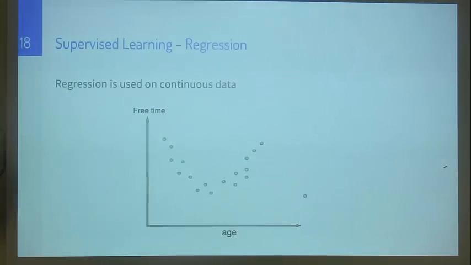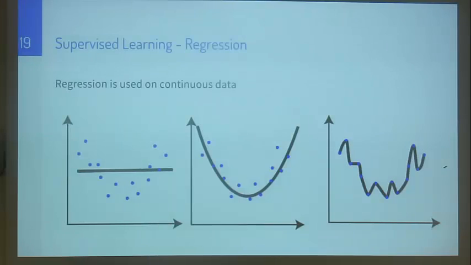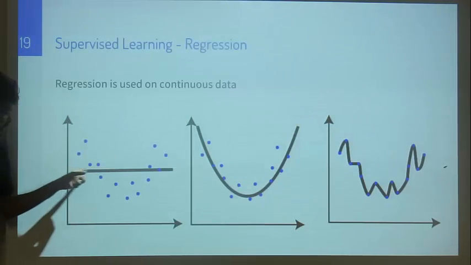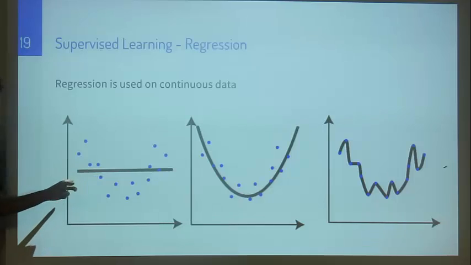So if you look at this data set, it looks like a curve, right? So we can fit our line or curve differently. Here, when you give a specific age, it outputs the free time based on this line.